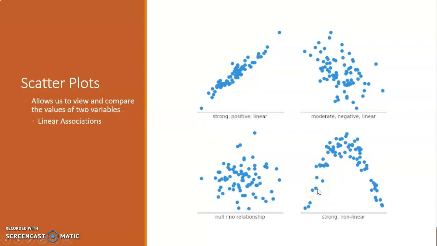It's not something we're going to necessarily be addressing here, simply because it's a little more complicated. But one example of curvilinear data is if we have motivation along the x-axis, and a score on a test along the y-axis. Yes, motivation is good to have.